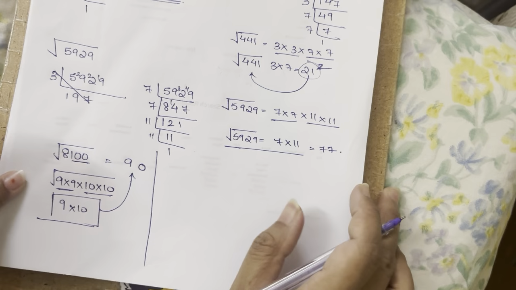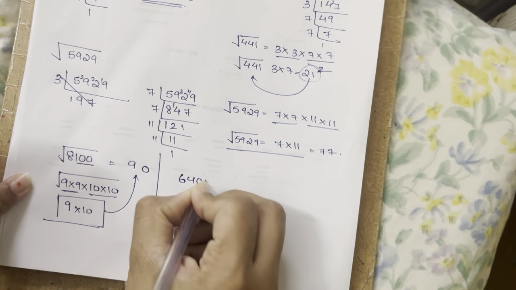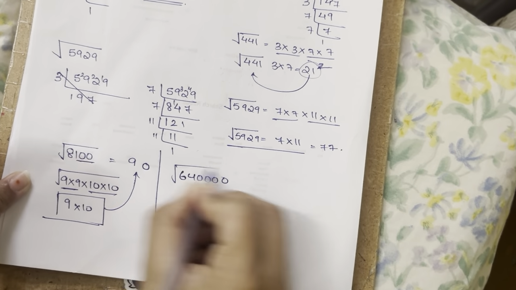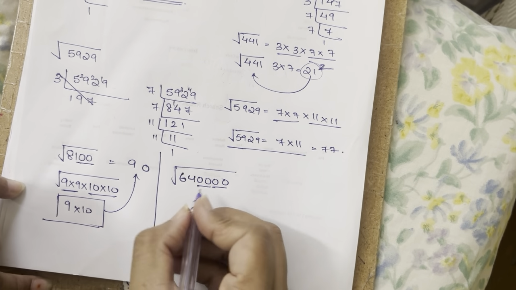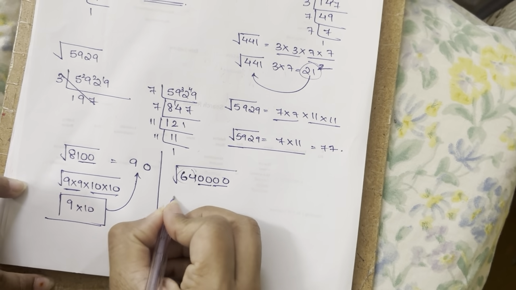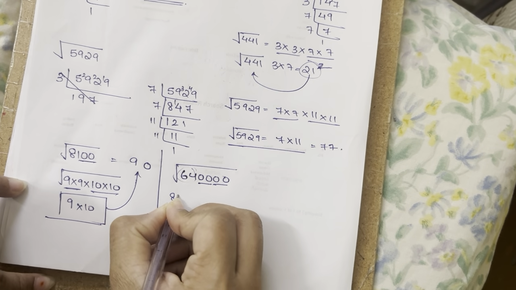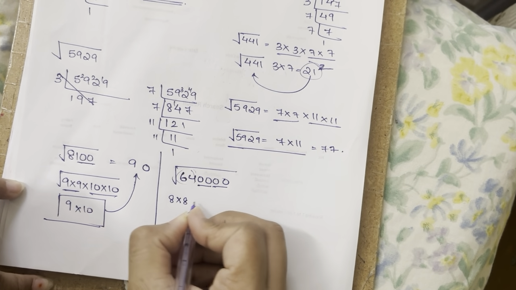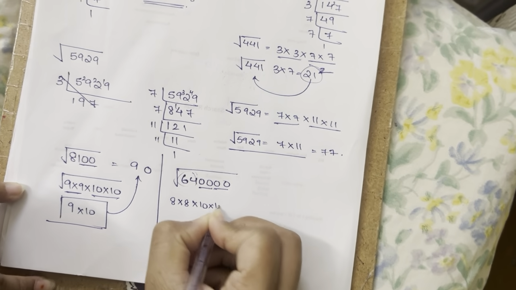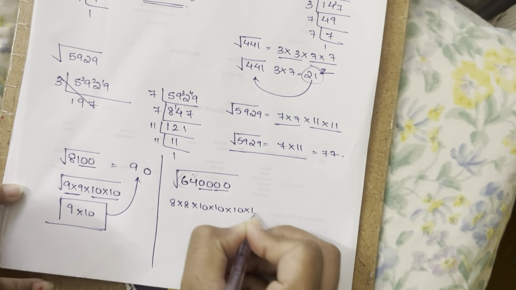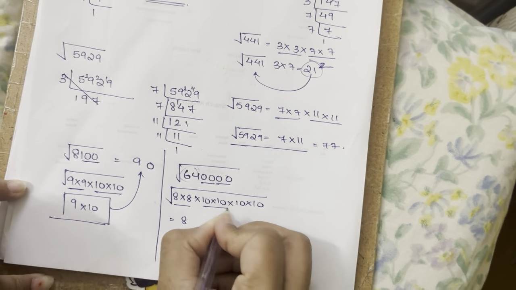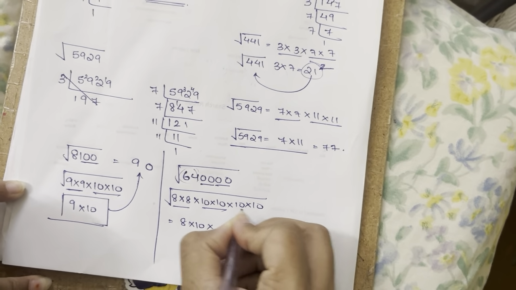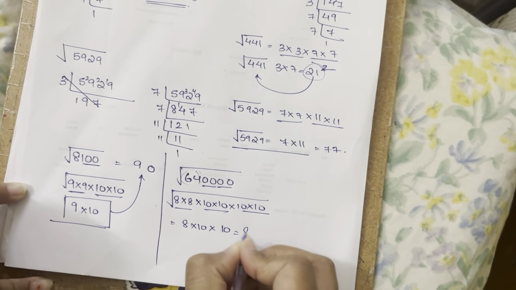That's pretty much simple. If I have 640000 and I have to find the root of it, how do I do it? 64 can be written as 8 times 8, and then I have 10 times 10 times 10 times 10 under the root. So each pair comes once, and that is going to be 800.